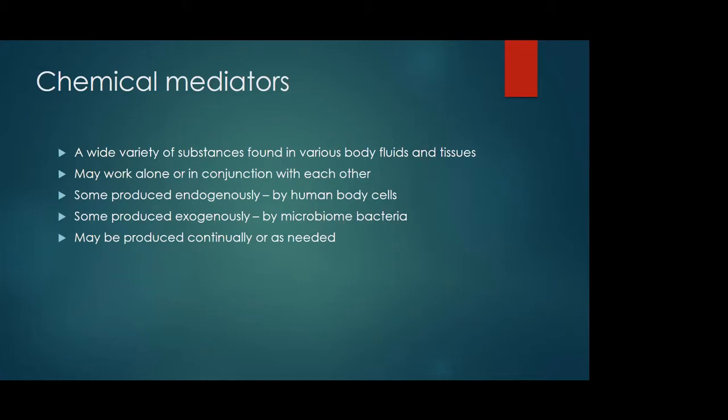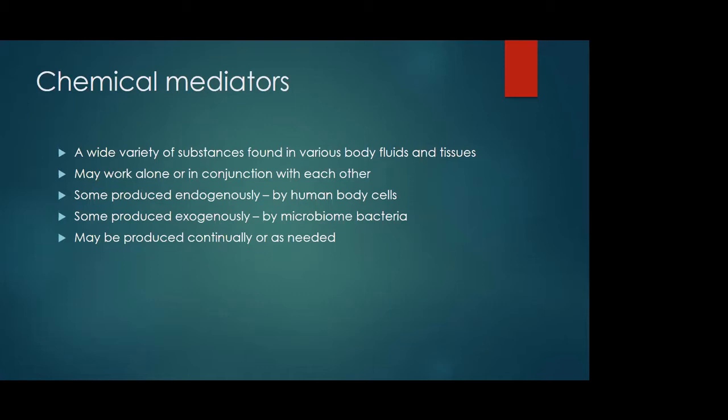Some are produced endogenously by our own human body cells, and some of them are produced exogenously by cells not of our body, which are essentially cells of our microbiome, right? Some chemicals that help keep bad bacteria away are made by our good bacteria, and some of them are made by our cells. So know the difference between endogenous and exogenous.